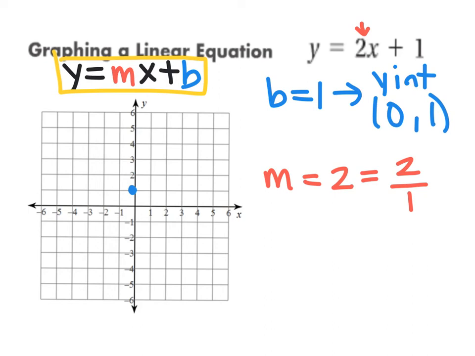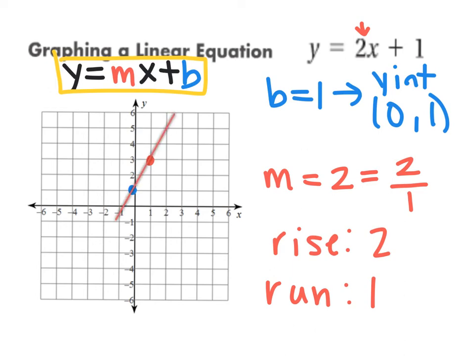This tells us that the rise is 2 and the run is 1. So I'm going to move up 2 units and over 1 unit. And then I will draw in my line. Make sure that you extend your line throughout the entire graph and put the arrows on both ends.